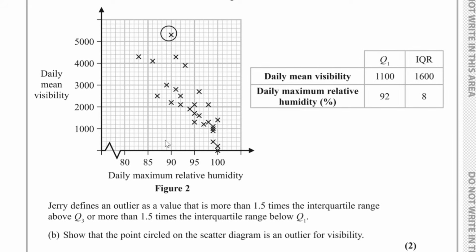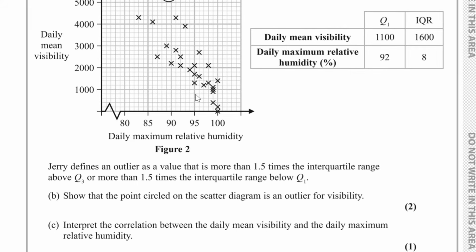Now, what this point circled here corresponds to in terms of a daily mean visibility, you can see over here, that's 5,300. So, what we can now do is, with this table here, find out the upper quartile Q3.